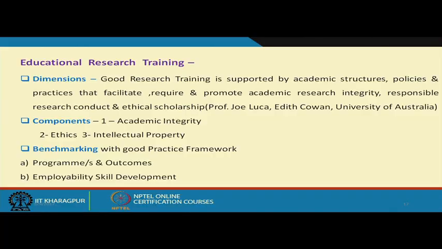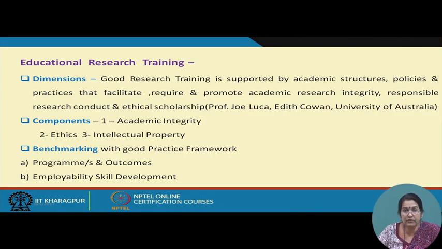Whoever has created something new, it is his or her academic intellectual property, his or her copyright. So, even though we are quoting or citing as an example, we need to acknowledge that person and recognize his contribution. So, these are the three components: academic integrity, ethics and values in research, and intellectual property.